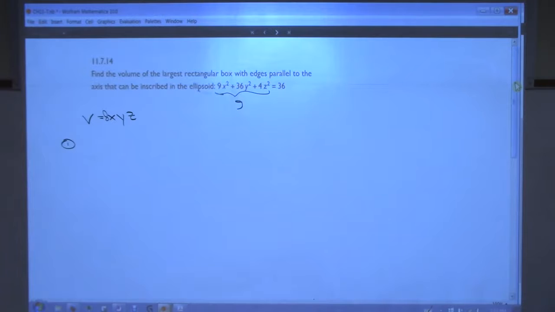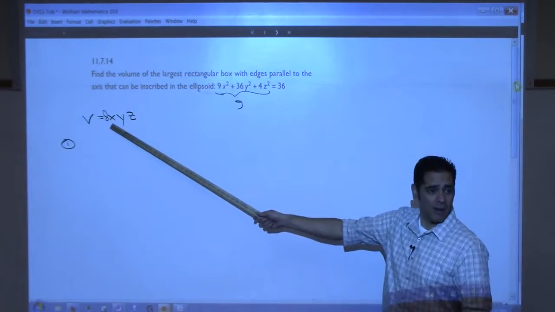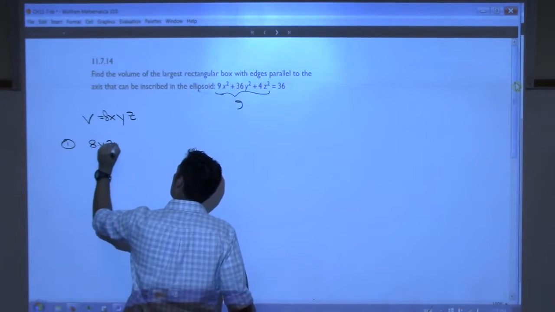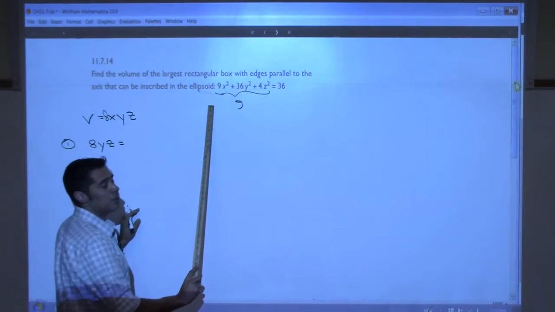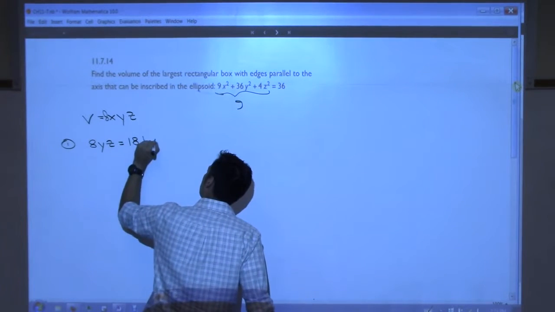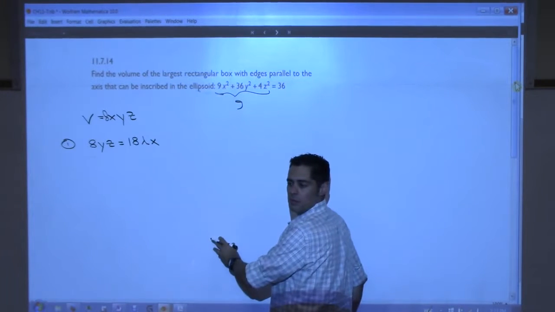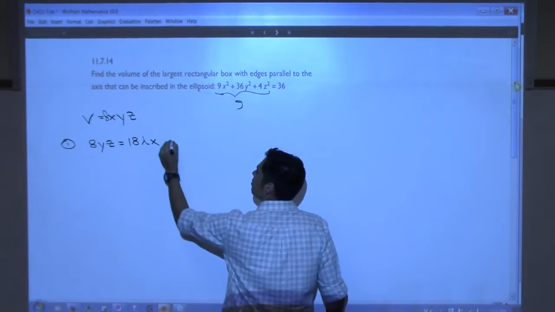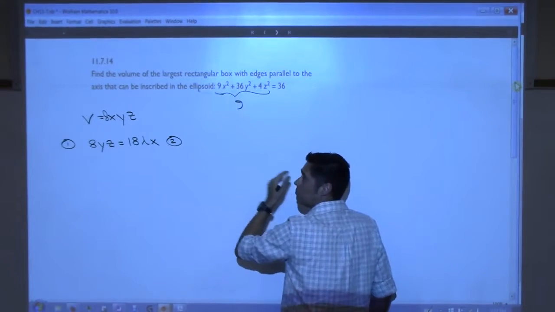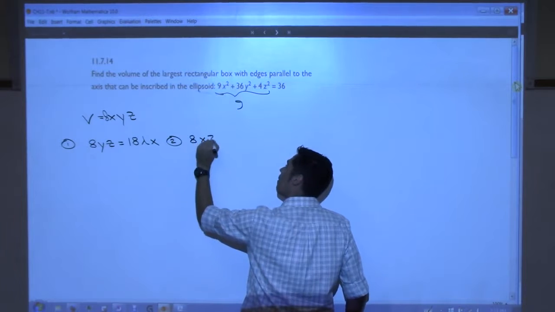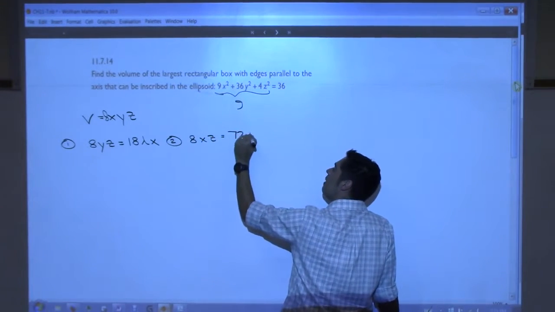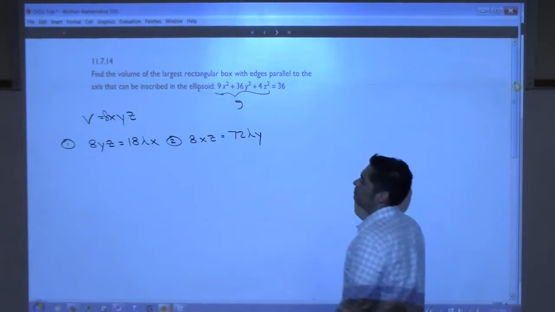OK, first equation is the partial of this one with respect to x, which is 8yz equals the partial of this with respect to x, and then lambda, 18 lambda x. Yes? Second equation is 8xz equals 72 lambda y.